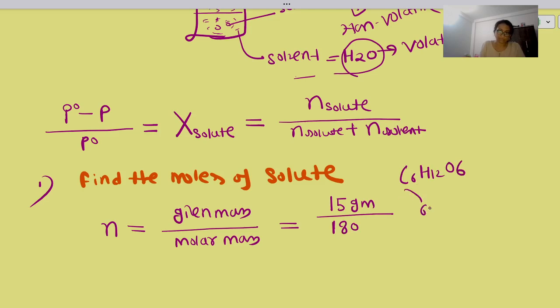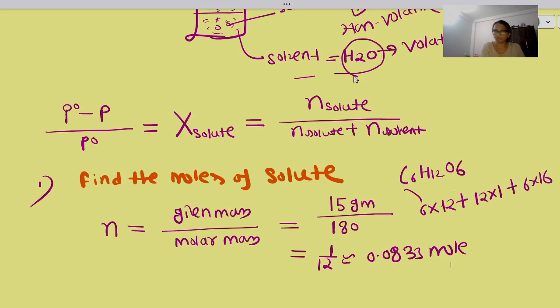So 6 into 12 plus 12 into 1 plus 6 into 16, which gives 180 gram. You will get the value 1 by 12, approximately 0.0833 mole. It is the mole of solute.